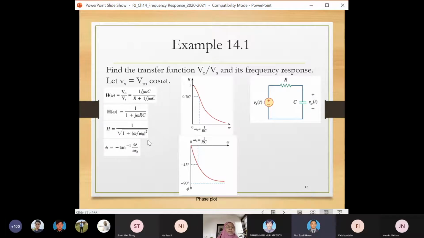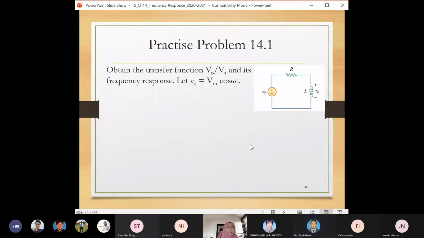So, it's standard: if you meet 1 plus j omega RC, we change it to 1 plus j omega over omega naught, like that. If you look at the practice problem, it is the same too. Omega over omega naught squared. The magnitude is the standard way to calculate it.